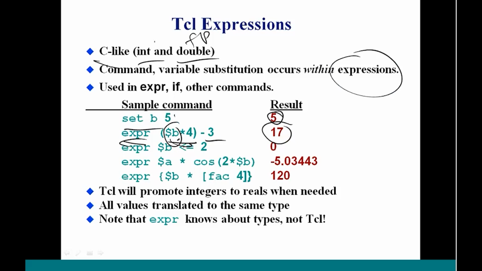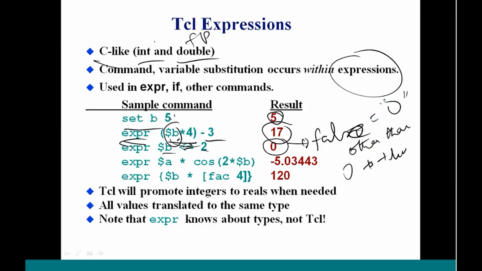Now we can also do a logical operation, $b less than or equal to 2, and since it is not, it returns a false value, which is 0. In Tcl, 0 is always false, and anything other than 0 is always true. So just keep that in mind.